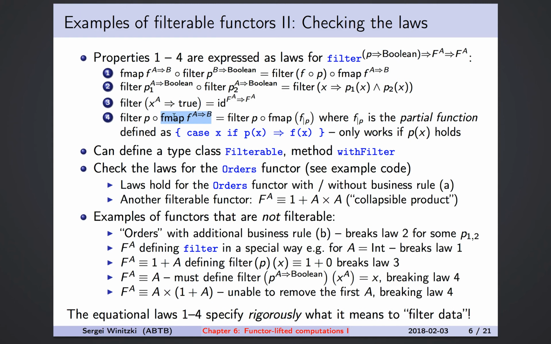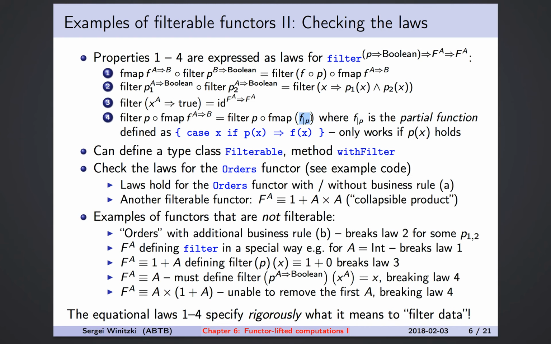So we have filter or fmap as possible computations, but we already have a law for what happens when we have a filter followed by a filter. So now we have a law about what happens when we have a filter followed by fmap. So this computation f should not see any values x for which p will return false. How do we express that f should not see those values? A good way to express that is to use a partial function instead of f.